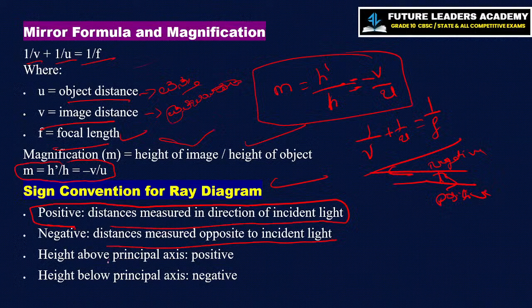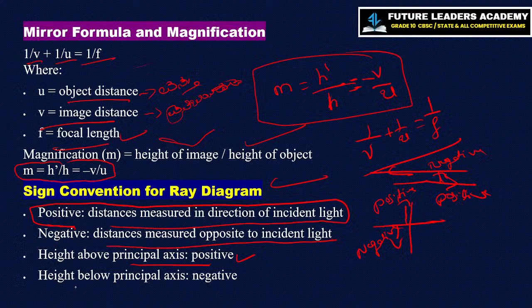Height above the principal axis is positive. See, this is the principal axis. If it is above this, it is positive. If it is below this one, then negative. Positive and negative, this is the sign convention.